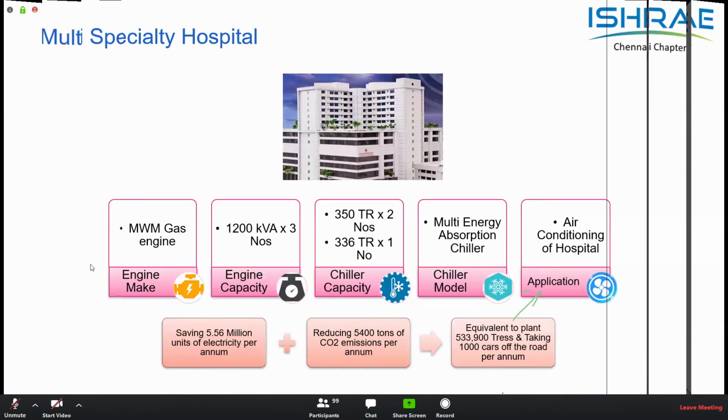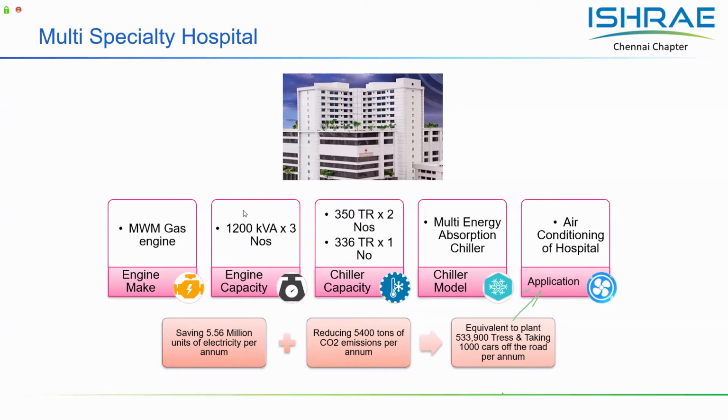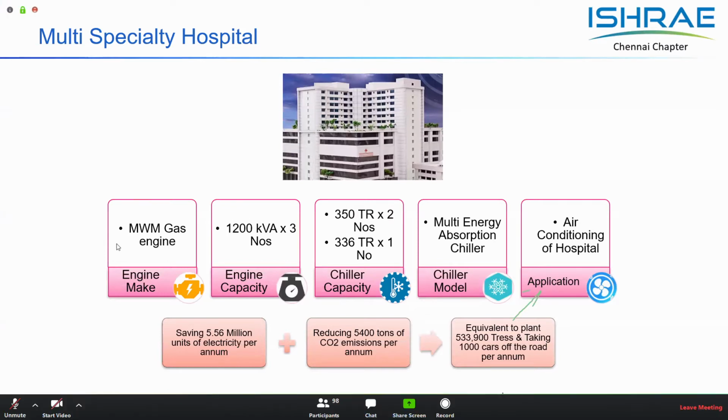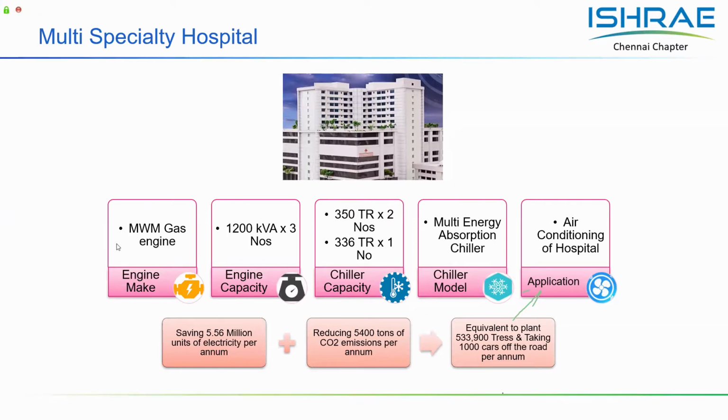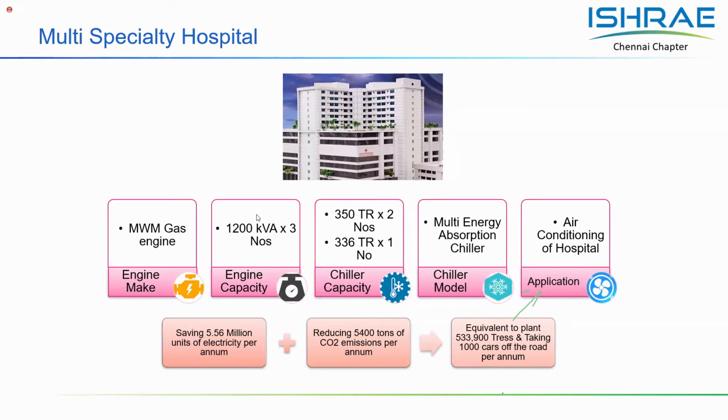Okay, so this system has been put to practice in applications in the commercial segment as well as in the industrial segment. For your information, there are hospitals in India as well as abroad where the entire power demand is derived from gas gensets, and the cooling demand is also partially catered by the absorption unit.